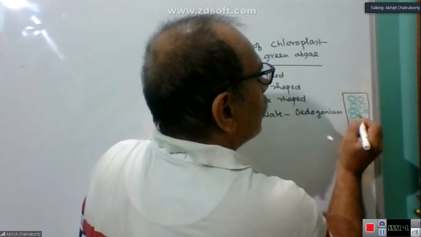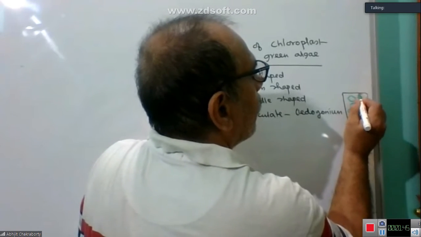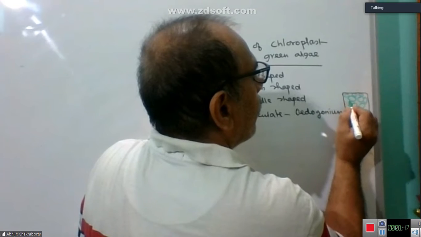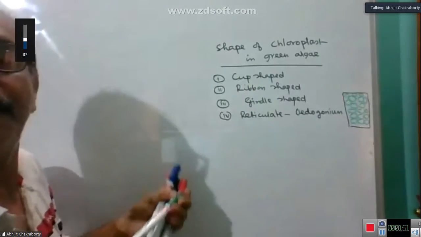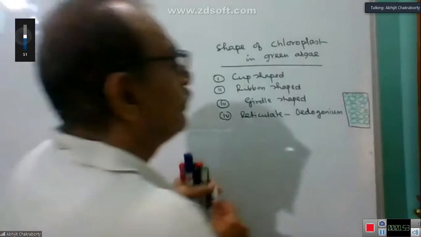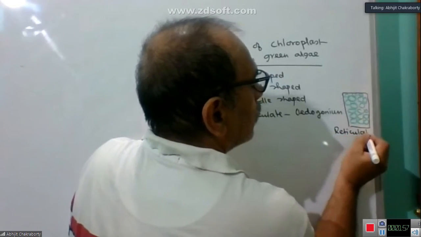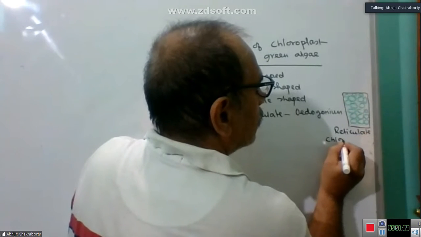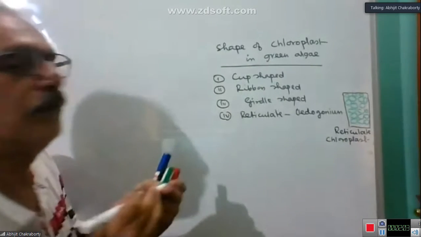This is the reticulate fashion. This is the reticulate chloroplast in Oidogonium. You can call it reticulate chloroplast in Oidogonium.